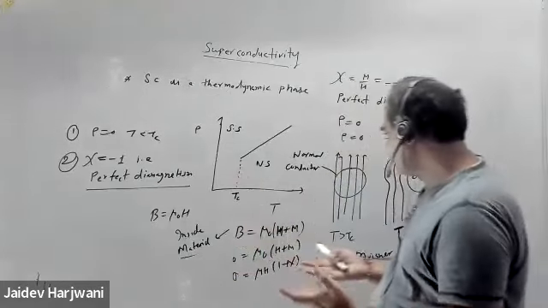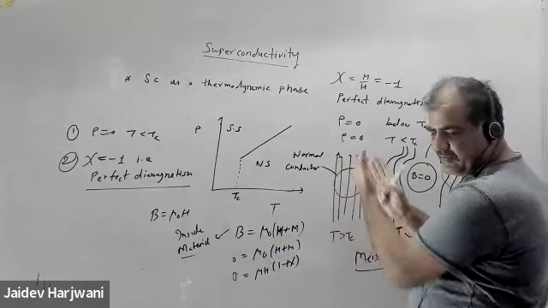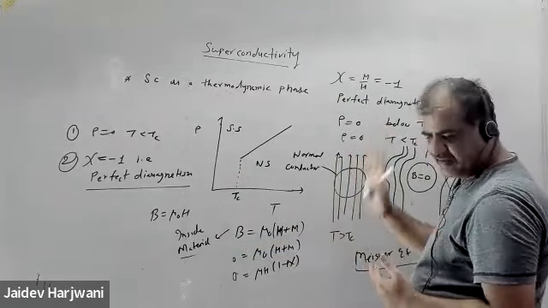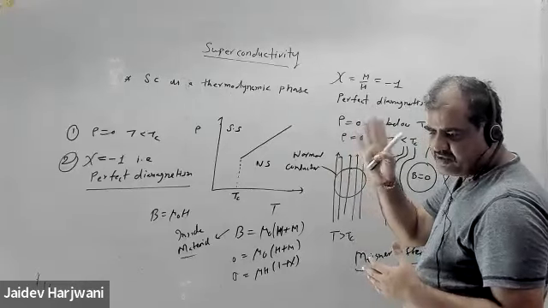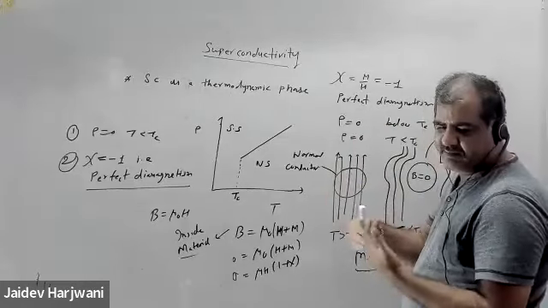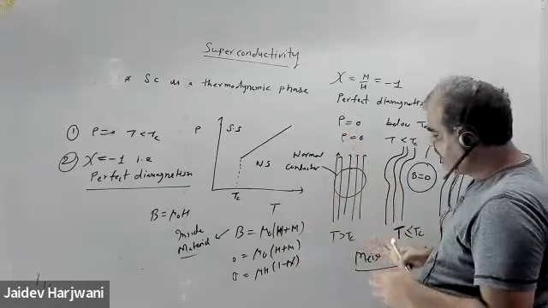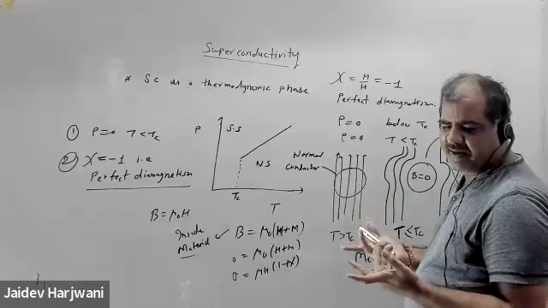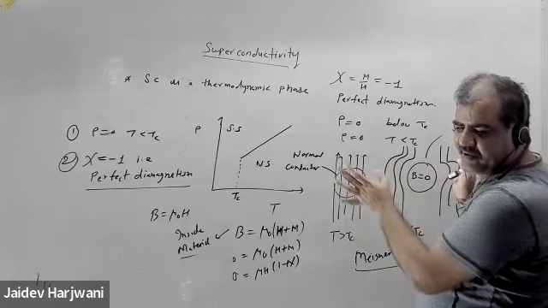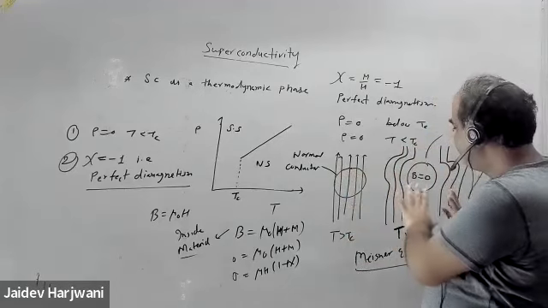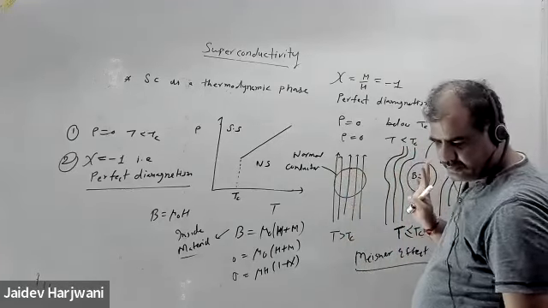Suppose in a particular superconductor, these lines are passing through this solid, inside they are penetrating. That means you can say magnetic field is magnetizing. So once you cool them, these become perfect diamagnetic. That means all the lines get expelled. That means inside now B is 0. Clear? Okay, sir.